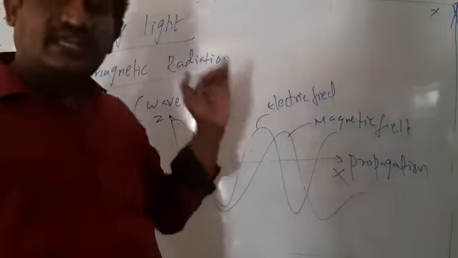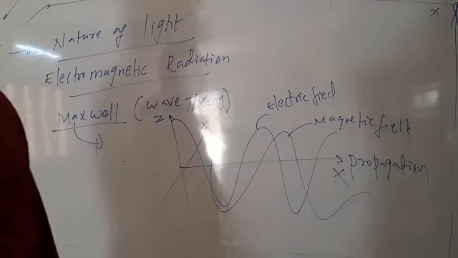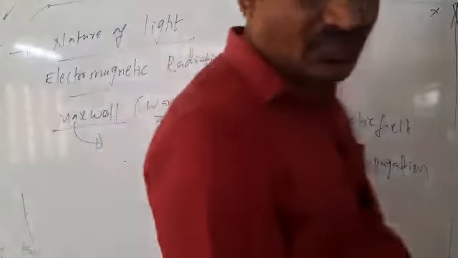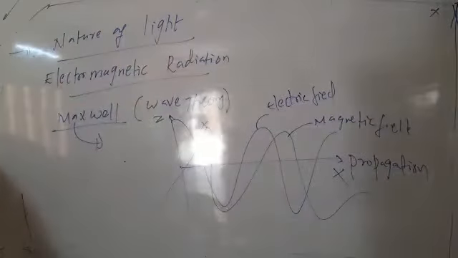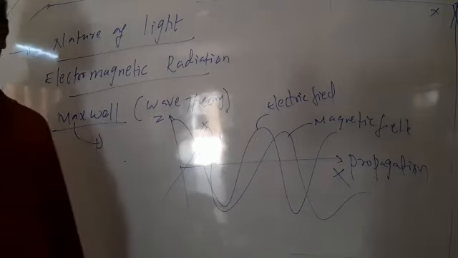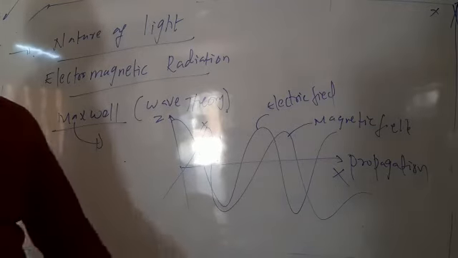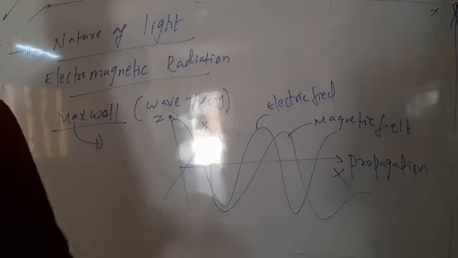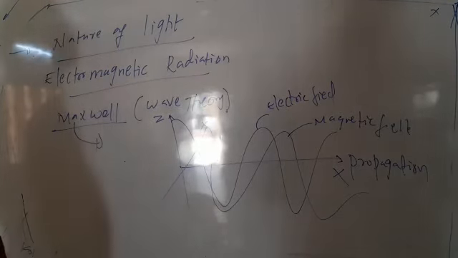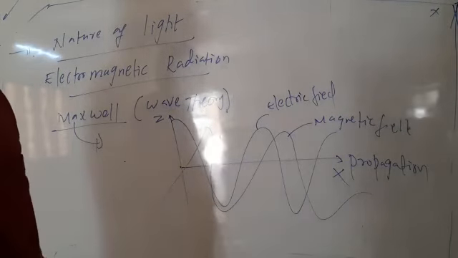These are called electromagnetic radiations or electromagnetic waves. Huygens also explained that any charged particle propagating emits in the form of waves from a luminous object.